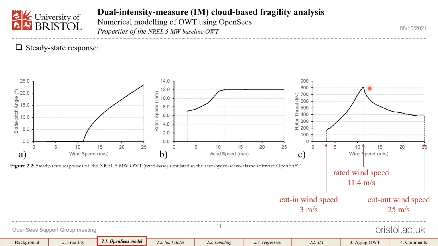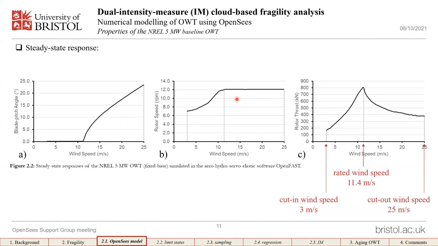to around 800. On the other hand, when the wind speed is larger than 11.4, the pitch control mechanism of the wind turbine will be engaged, and the pitch of the blades will be adjusted according to the real-time inflow wind speed.